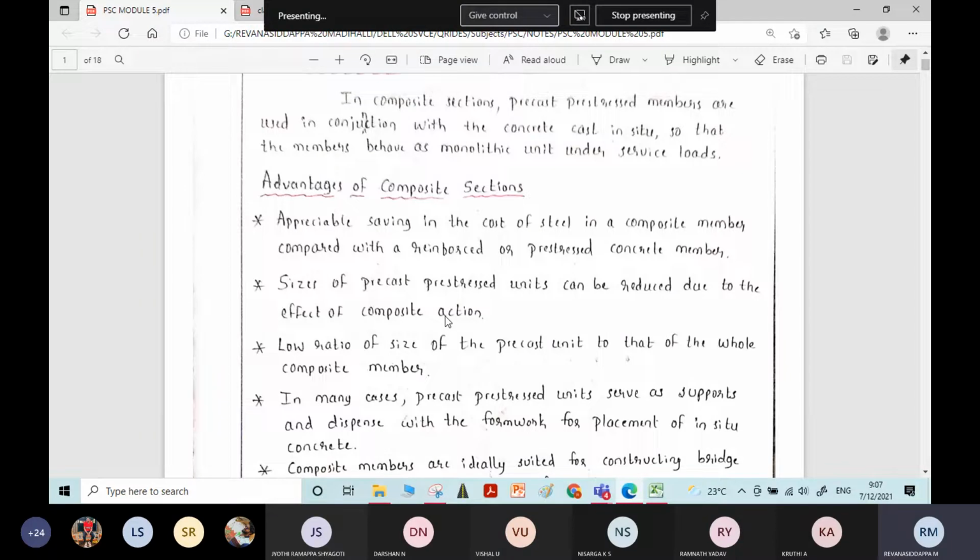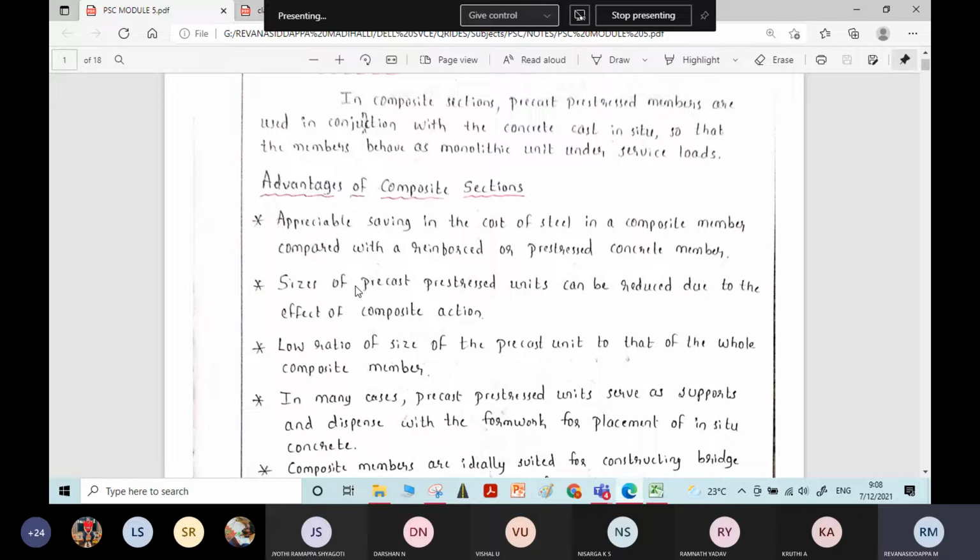When we compare composite sections to fully pre-stressed concrete sections or fully RCC construction, there will be an appreciable saving in the cost. And the size of the precast pre-stressed units can be reduced.